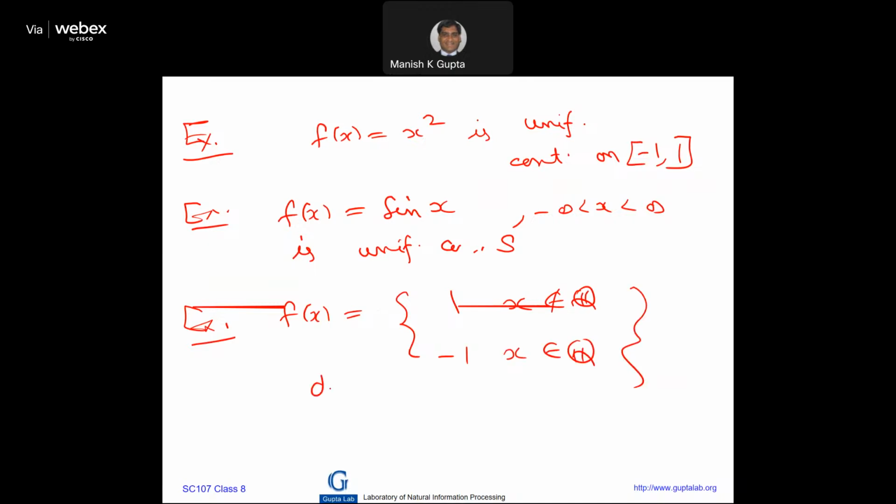This function is discontinuous everywhere. Some examples are listed there, but okay. So this is an example of a function which is discontinuous everywhere. I talked about a function which is continuous at only one point. Here is an example of a function which is discontinuous everywhere on the real line.